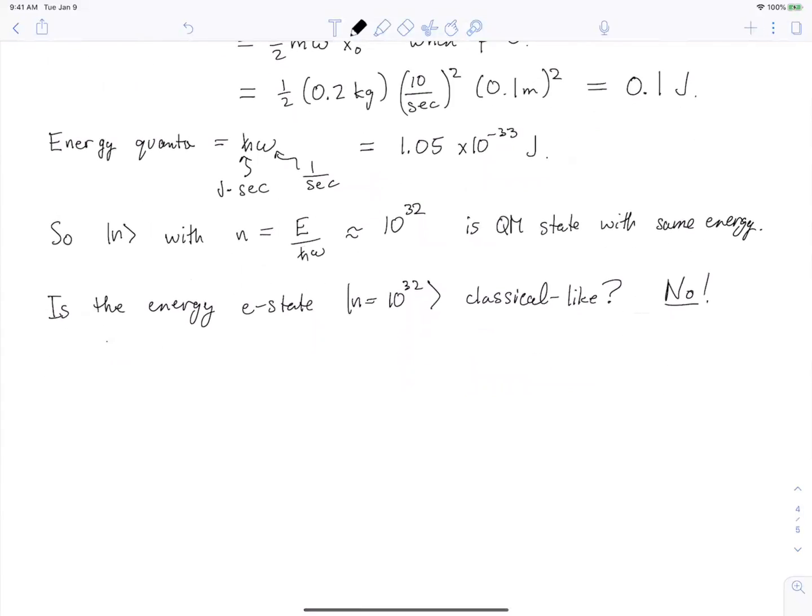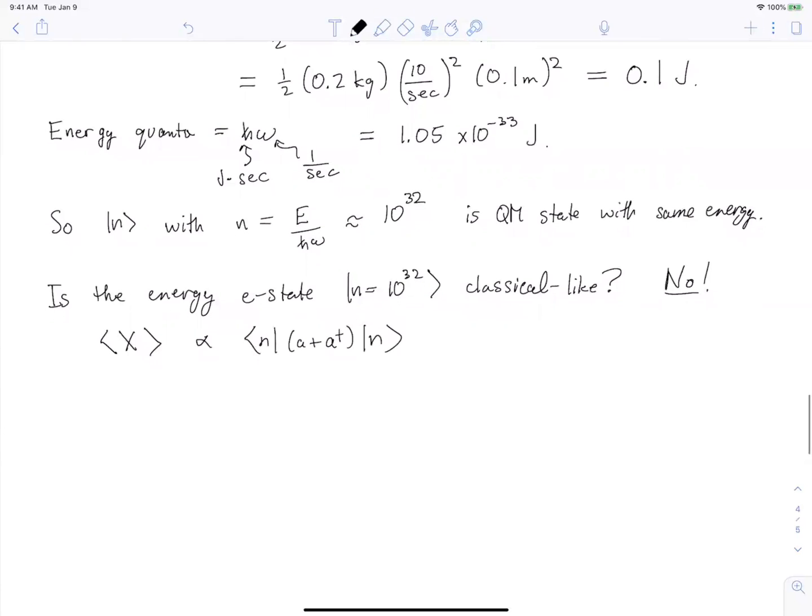For one thing, we can compute the expectation value of x, which I'll just write as proportional, because that's all that matters here. This is proportional to a plus a dagger in expectation value. The a dagger acts on n and makes it into an n plus 1, which gives 0 overlap with n.